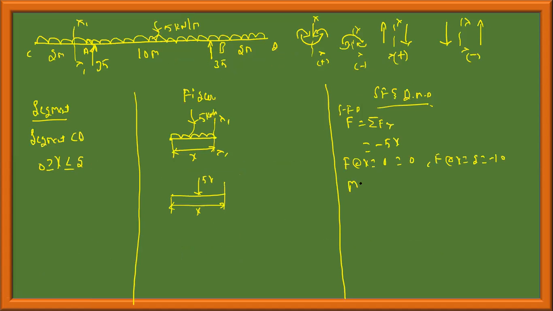Bending moment M is equal to summation of moment about xx. This is bending the beam in this fashion, which is negative. Therefore, hogging, minus 5 into x is the magnitude, and the distance to the centroid is x by 2. M at x equal to 0 is 0. M at x equal to 2 is minus 10 kilonewton meter.